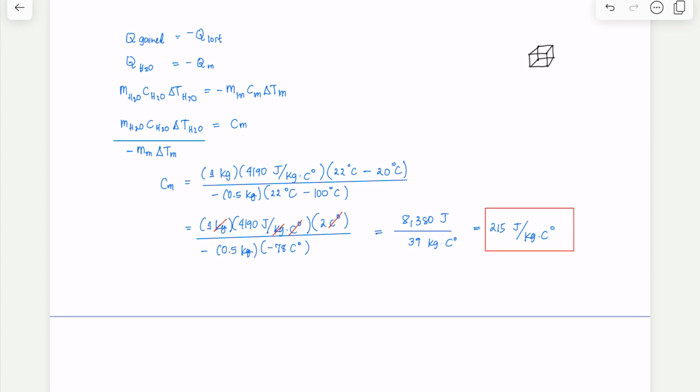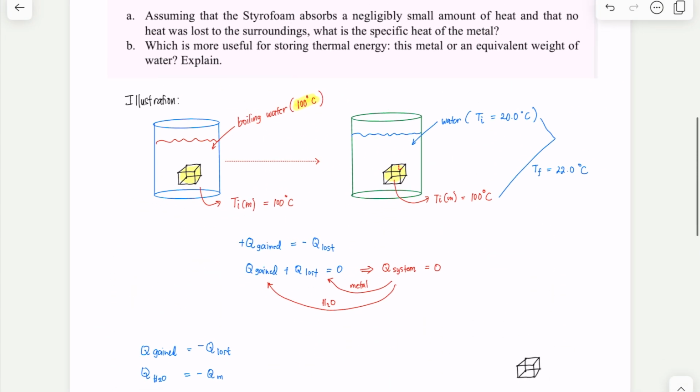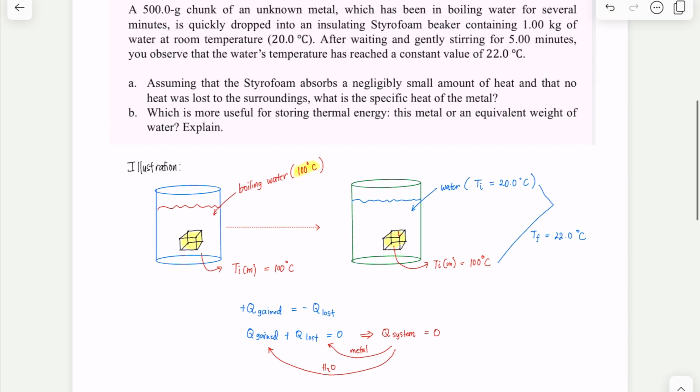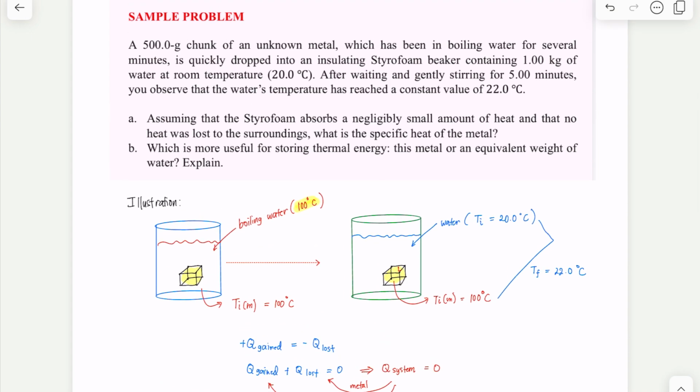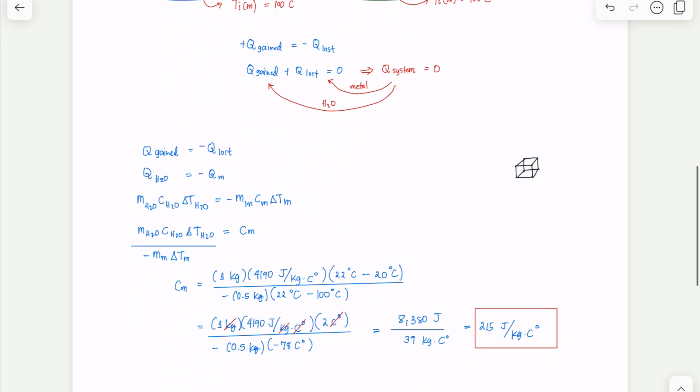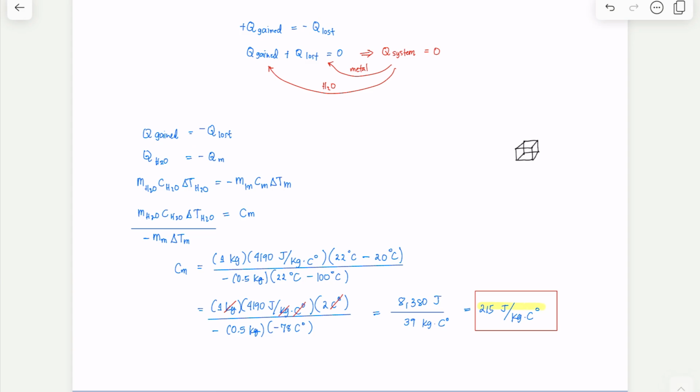of the unknown metal. Now, on the second question, which is more helpful or useful for storing thermal energy? Is it the metal or an equivalent weight of water? So the explanation is pretty easy. You just have to look into the specific heat calculated. So the specific heat of the unknown metal is 215 joules per kilogram Celsius degree. That means this is how we interpret this one. For 1 kilogram of this metal, if I have to raise it by 1 Celsius degree, I would need 215 joules of energy.